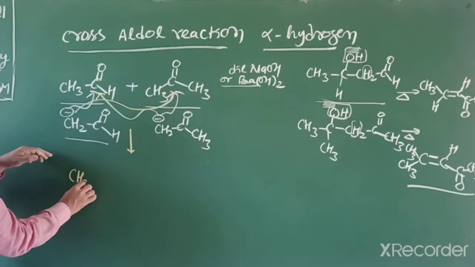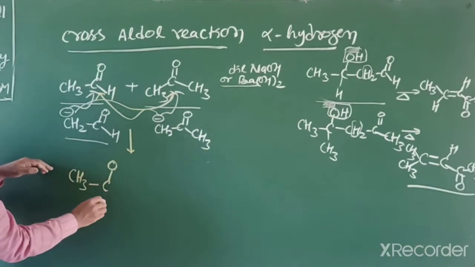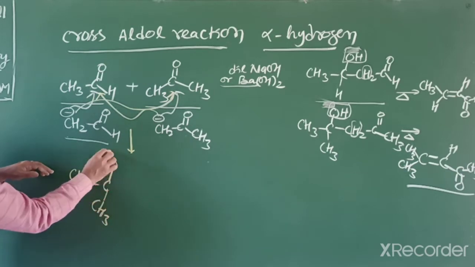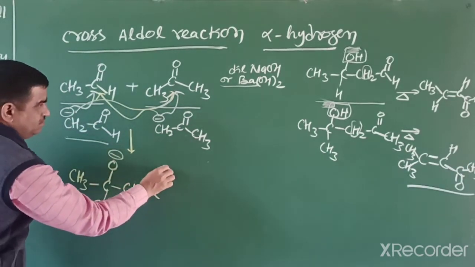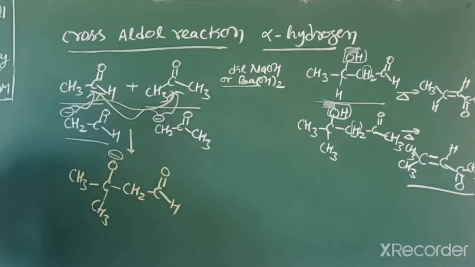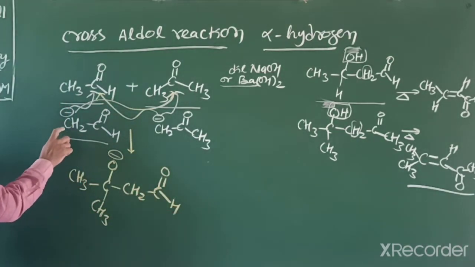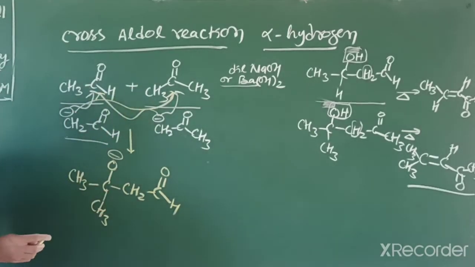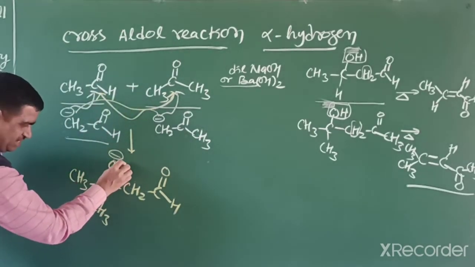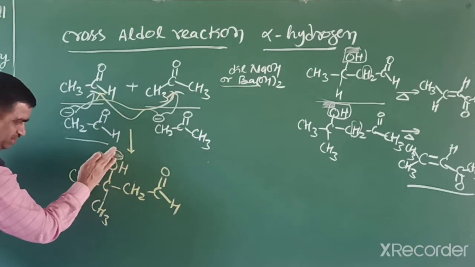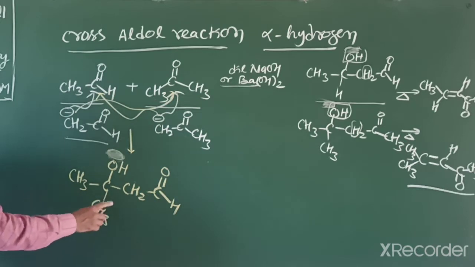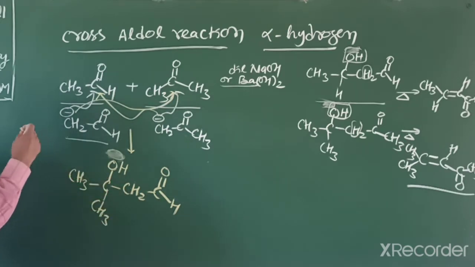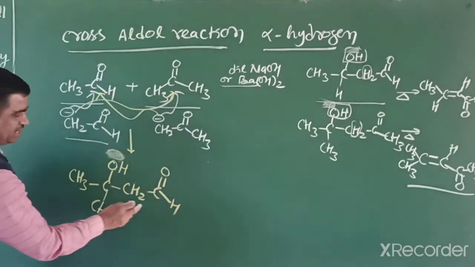I'll write here, it is formed like this, with a negative charge, because this aldehyde carbanion attacks the ketone. Then we get this, and after that it abstracts a proton from water, so this negative ion is removed in the second step. Between alpha and beta, after further heating, that water molecule is removed out. So this product is the cross aldol.